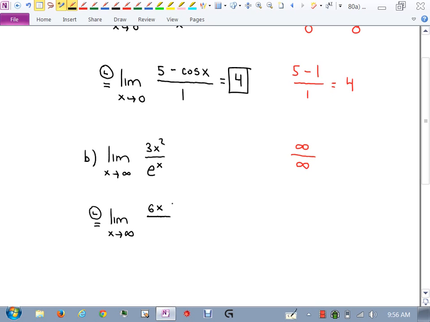The derivative of e to the x is itself. Two functions you should try and put into the memory banks are the derivative of e to the x and the derivative of natural log of x. Derivative of e to the x is itself. Derivative of natural log of x is 1 over x. They come up so much further as you keep going that you don't want to be referring to a table or something for that.